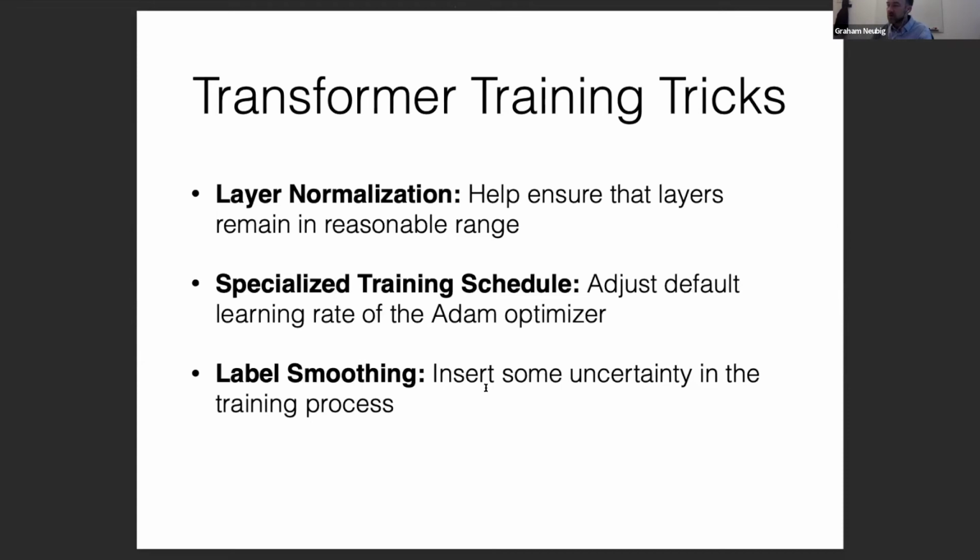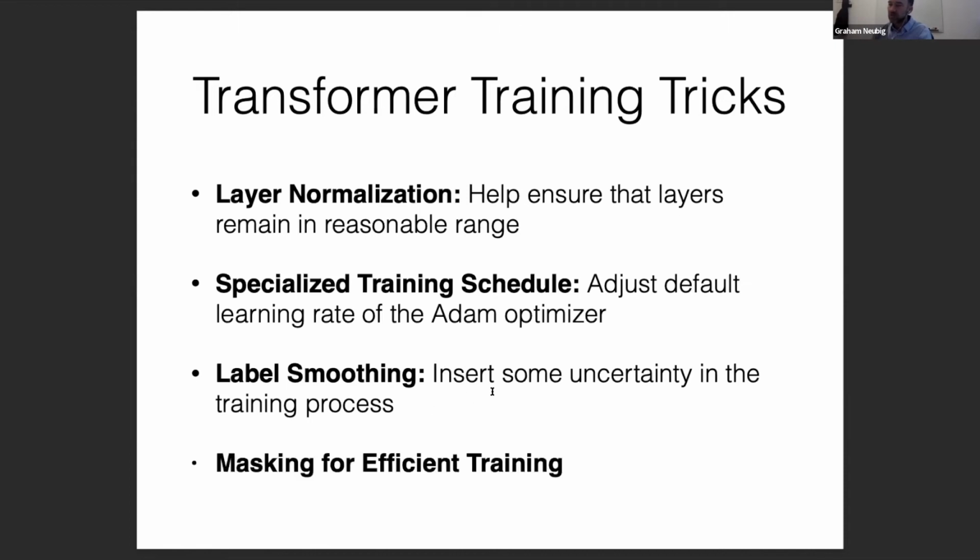I'm not going to go into a lot of detail about this, but basically it smooths out the distribution you're predicting. So you're not predicting 100% probability on the true next word, but you're giving a little bit of probability to all of the other words. This is pretty effective in a wide variety of neural network-based tasks.